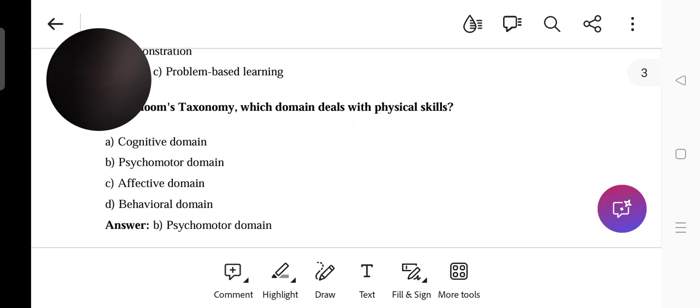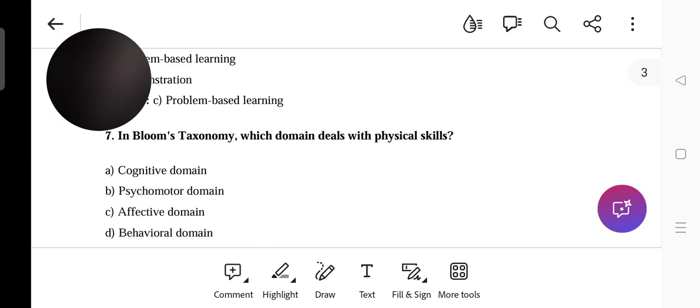The psychomotor domain is related to the physical skills. In Bloom's taxonomy, you can find cognitive, affective, psychomotor. Psychomotor is related to the physical skills. Okay.